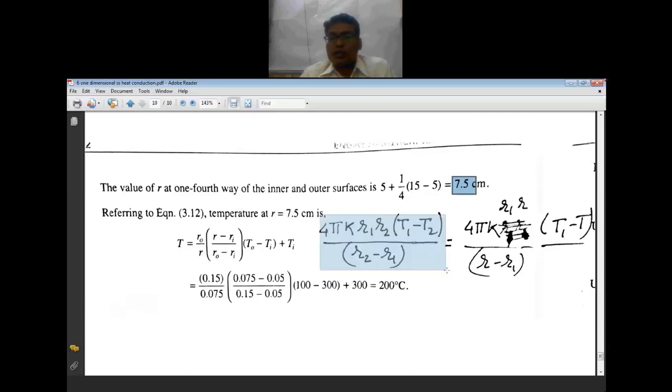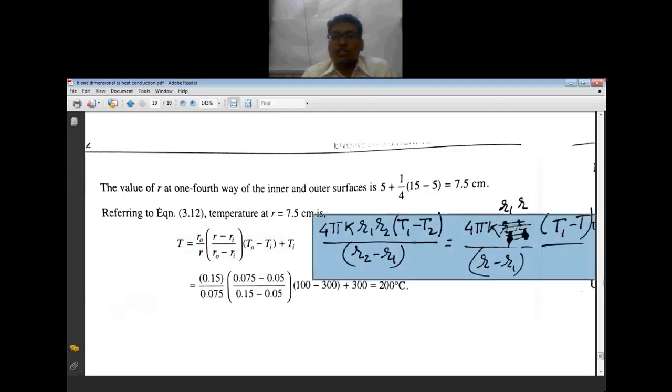So equating the two things, for the general radii Ri and Ro, and for the radius Ri and R, here we have to calculate the radius R, whose corresponding temperature is T. So you can remember this formula or obtain it by equating the two conditions.